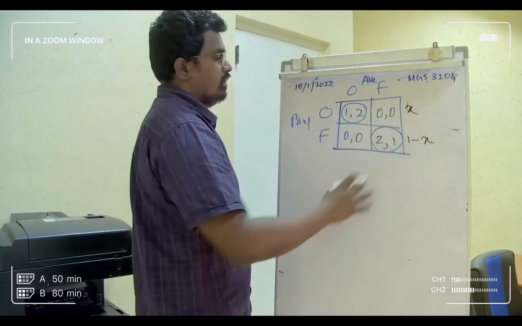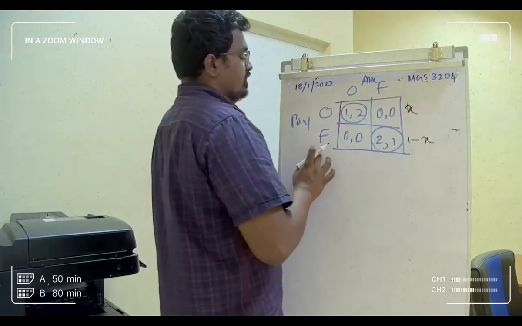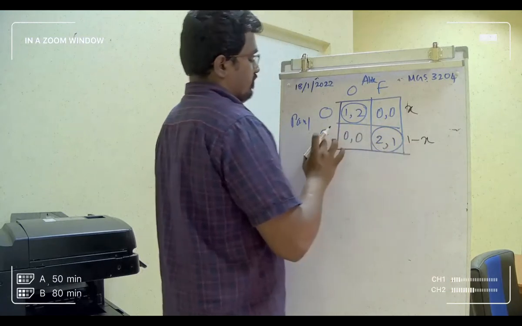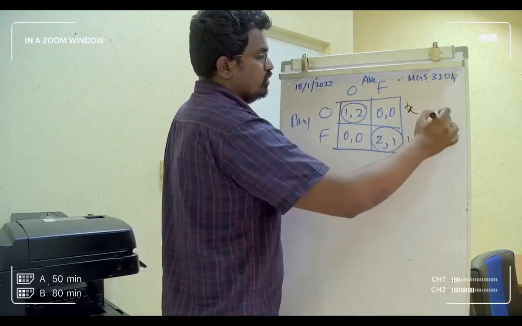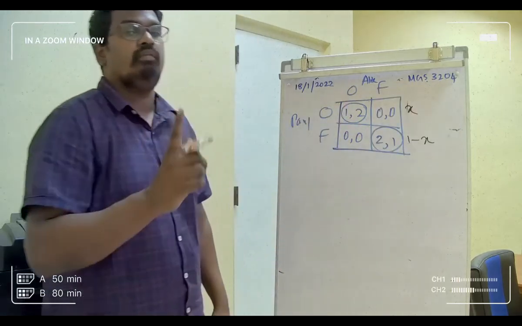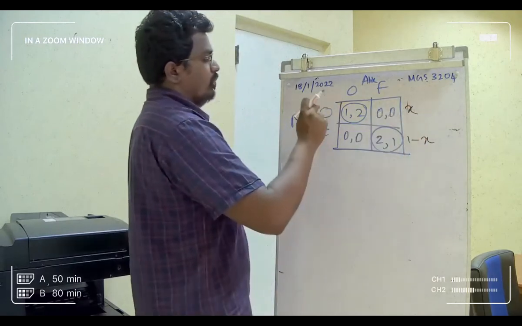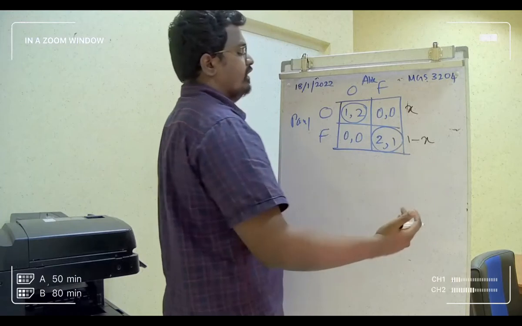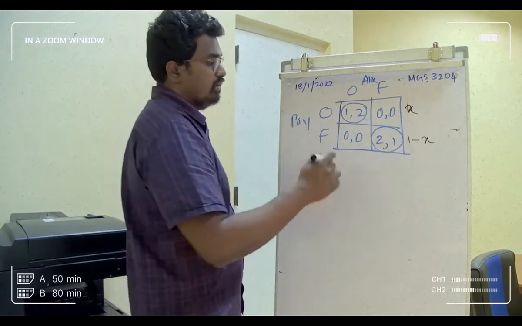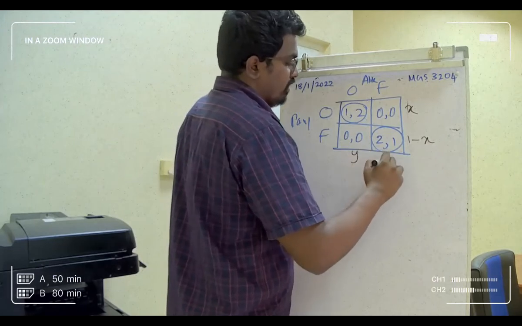So x will be the probability of going to opera, and obviously the probability of going to fight will be 1 minus x, because the addition of these two should be 1. If the probability of going to opera is x, then 1 minus x is the rest of the probability for the other option. We'll apply the same thing for Alice as well, with letters y and 1 minus y.